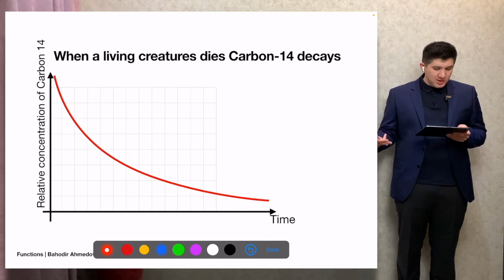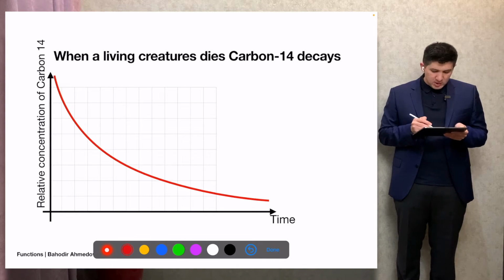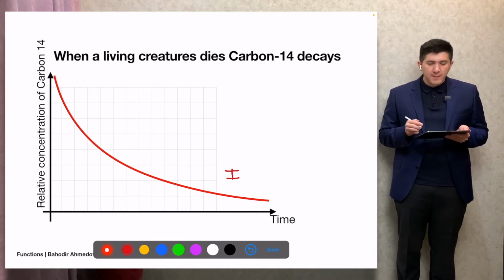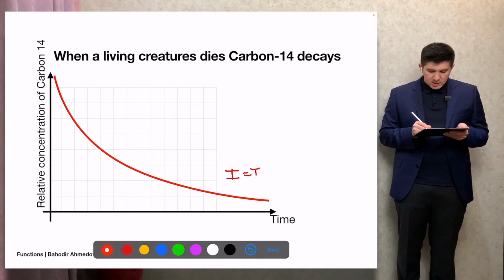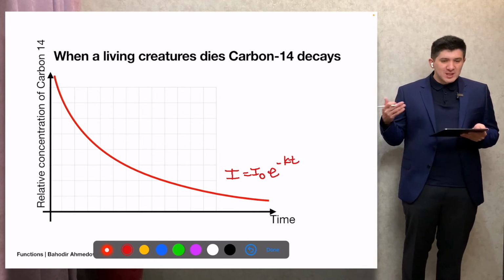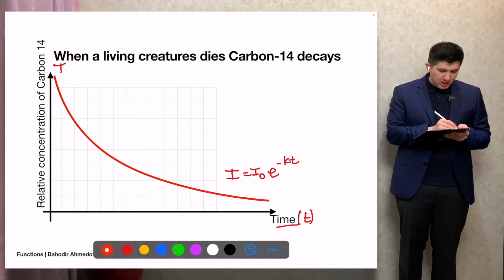It appears that it's going to decay using the exponential law. So we can denote this using the equation: I, which is going to be the concentration of carbon, is equal to the initial concentration times e to the power of minus kt. Over time, this t here is going to be the time, and here I've just got the I.